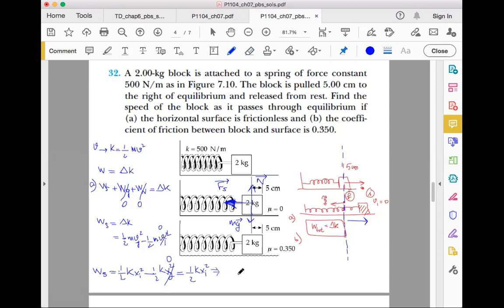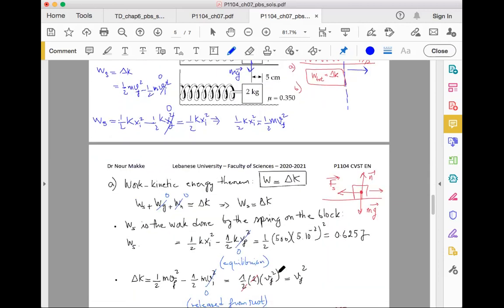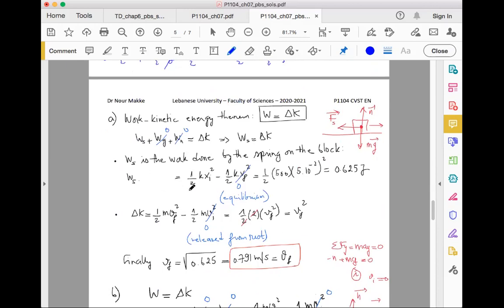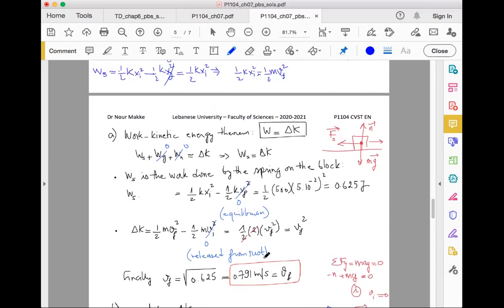So from here, we can write down half k x initial squared is equal to half m v final squared. And so from this equation, you can immediately deduce the value of v final. As you can see here, you end up with v final equals square root of 0.625. And so therefore v final is equal to 0.791 meters per second. So this is it for this part.